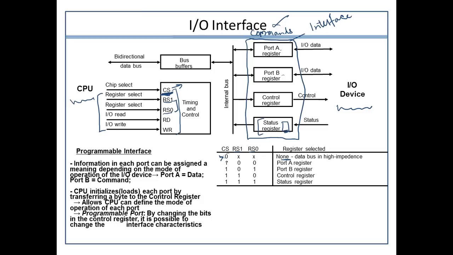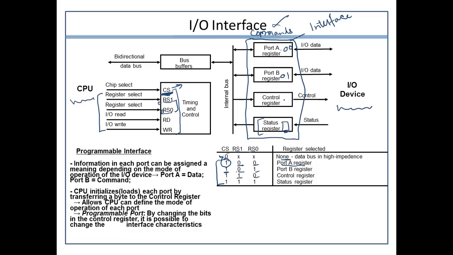Got it? If the CS value is 1 and register select has the value 0, 0, then port A will be selected, and it will be able to either input the data or output the data. Similarly for the next: if chip select is activated and the register select values are 0 and 1, then port B will be selected.